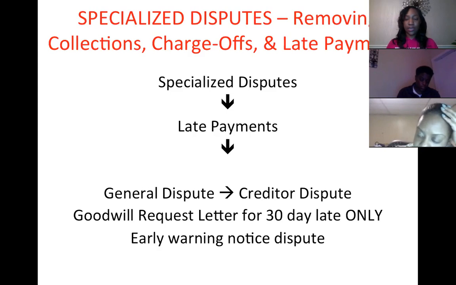A goodwill request letter. And basically in that letter, you're asking for a favor. Hey, creditor, I've had this account for 17 years. And back in 2018, I had a mishap and I missed that one payment. I was out of town and I didn't schedule the payment on time to make it there.